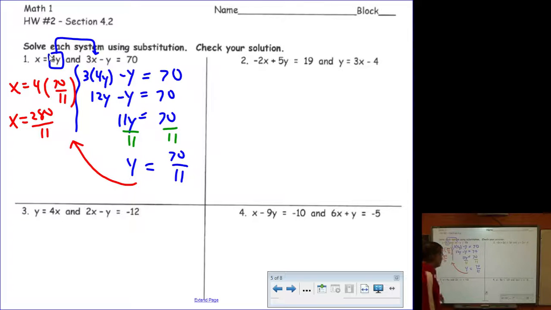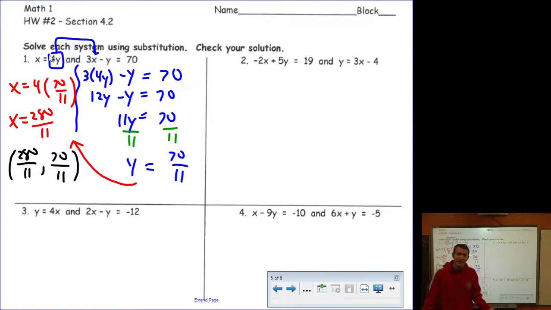So an acceptable answer would be 280 elevenths for x and 70 elevenths for y. I think when I gave you the answer on the answer key, I made it a mixed number or a decimal. Either of those would be acceptable as well.